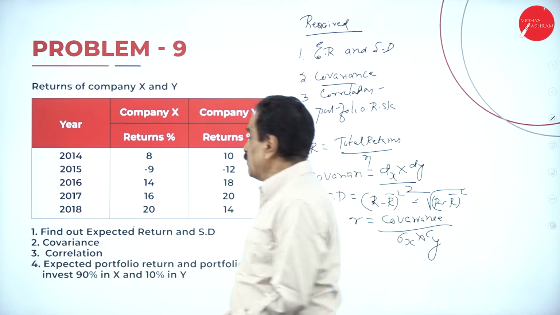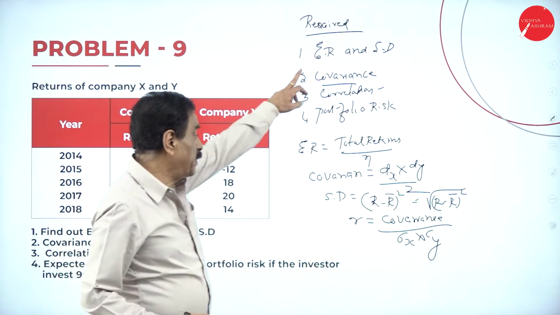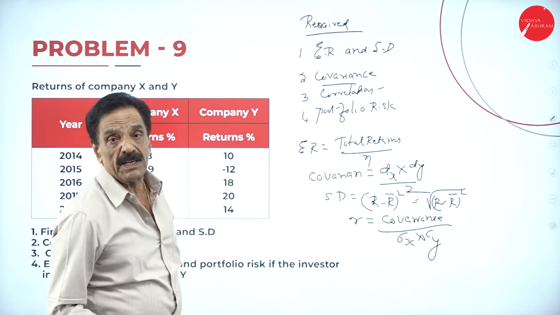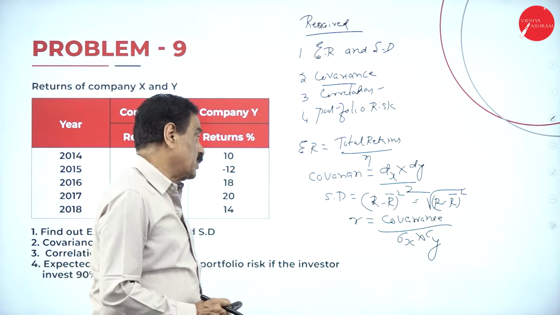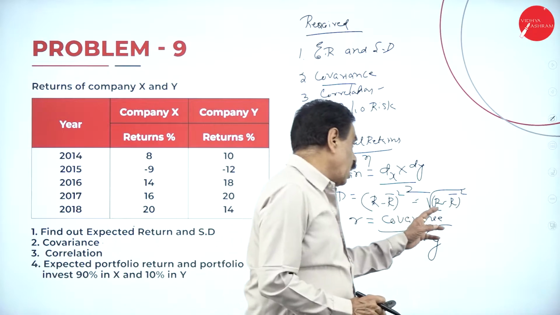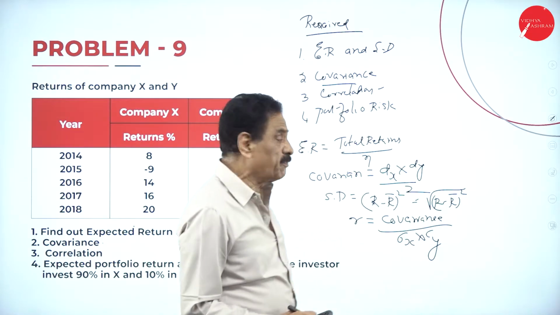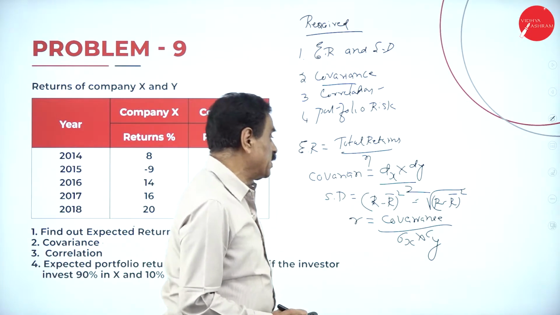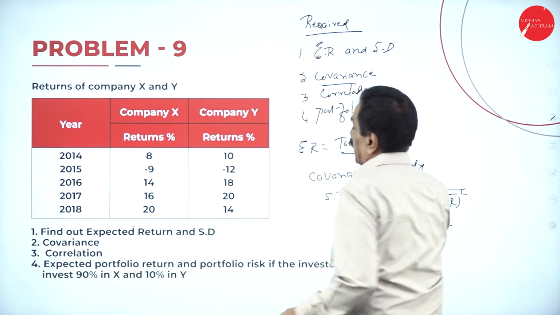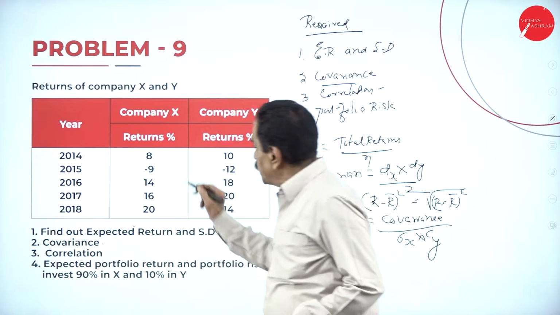So these are the requirements they want. First, expected return, total return divided by number of items. Then covariance dx dy divided by 2. Standard deviation is equal to the root of R minus R mean whole square. Then r is equal to covariance divided by standard deviation. This I am going to explain, so we'll go one by one now.